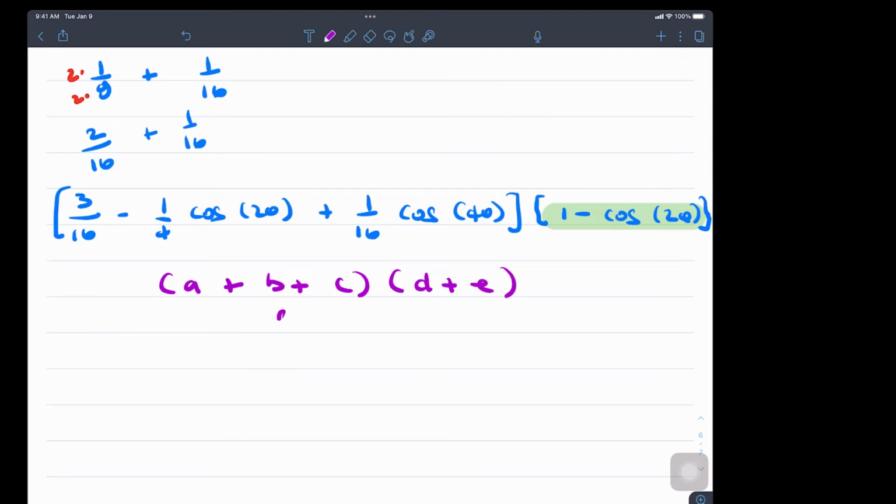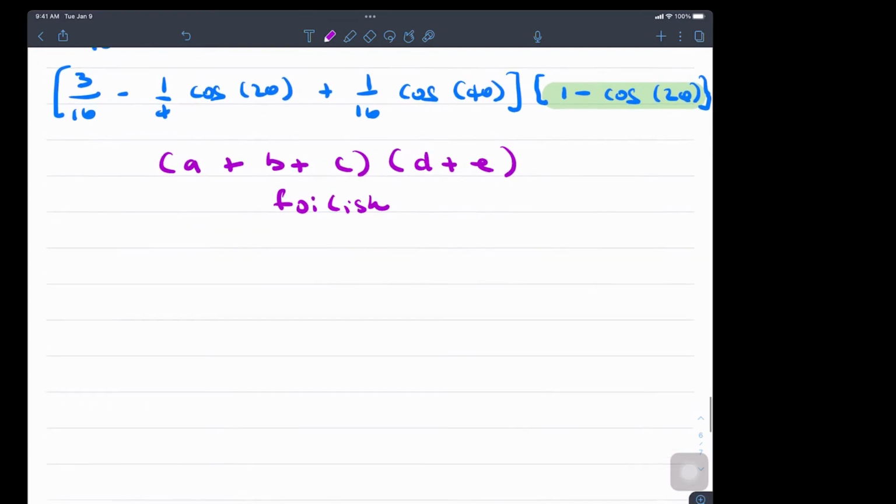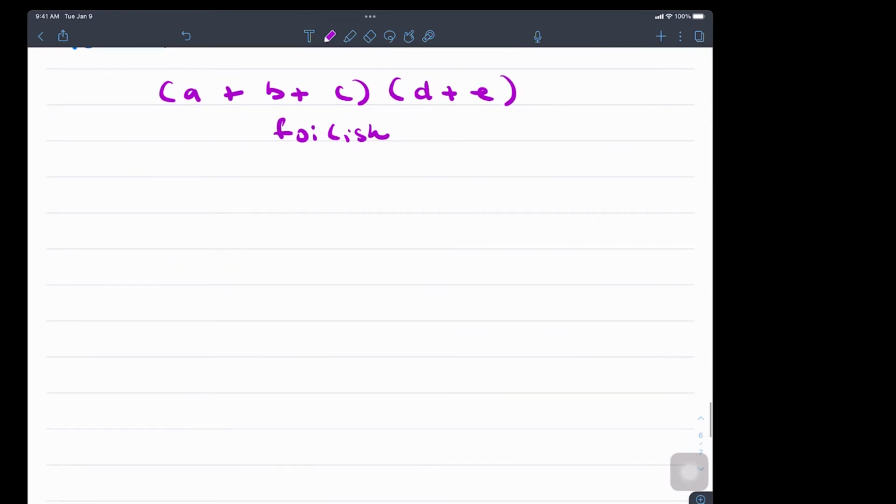Now, I don't call this FOIL, I call this FOIL-ish. Let's do some FOIL-ish, okay? Because there's an S portion here. Do you guys know how to do that by algebra? I'm not saying you want to use this formula, but you want to use the approach, okay?